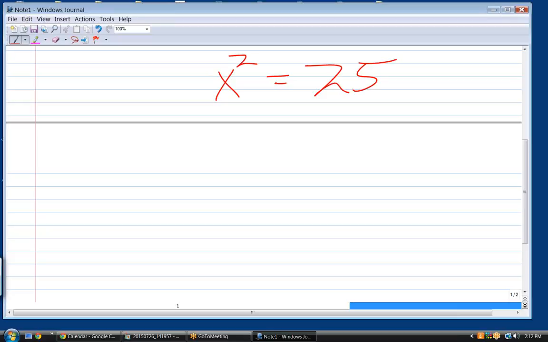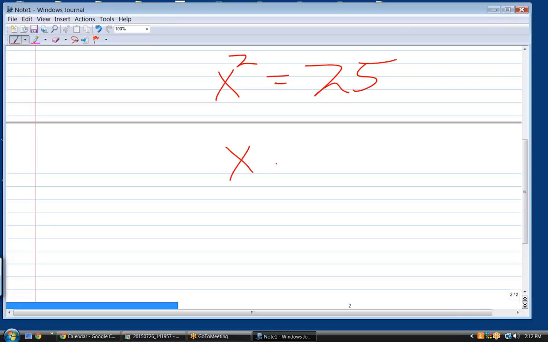But there's a catch here. When you take the square root to solve an equation, your answer always should start out plus or minus. That's the answer. It's plus or minus 5.